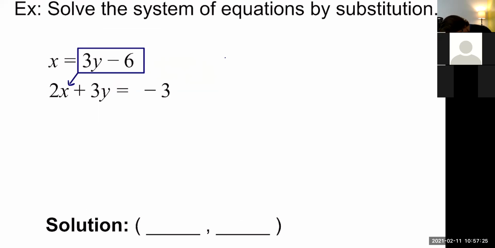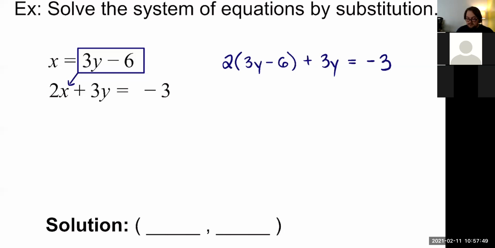So the bottom equation is 2 times x, but instead of x, in parentheses, I'm going to write 3y minus 6 plus 3y equals negative 3. I'm going to preemptively put in my little guideline here.